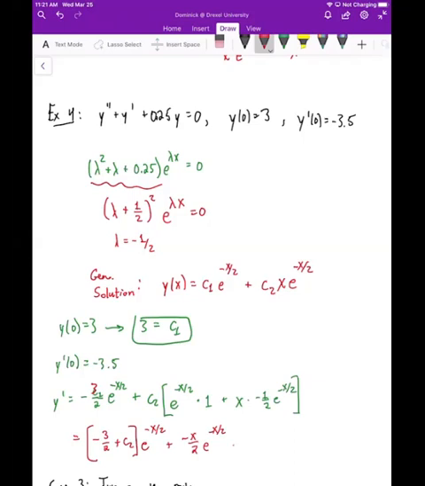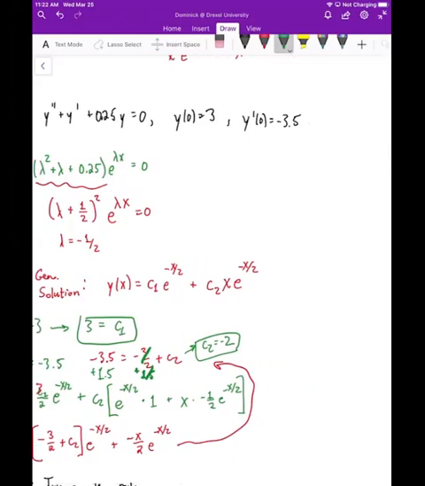So now combining this with the initial condition, it looks like we're going to get negative 3.5 is equal to just negative 3 over 2 plus C2. So from there, we can add the 3 over 2 to both sides, which is like adding 1.5. And then we get that C2 is equal to negative 2.